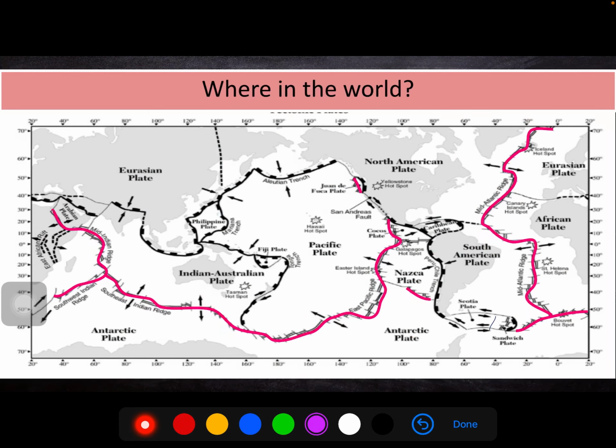So these are happening all across the world. This was our bold line with the little bricks. All along the world, we have places with ocean-ocean colliding together. We have places of continent-continent colliding together.